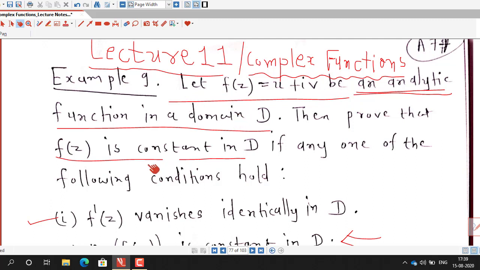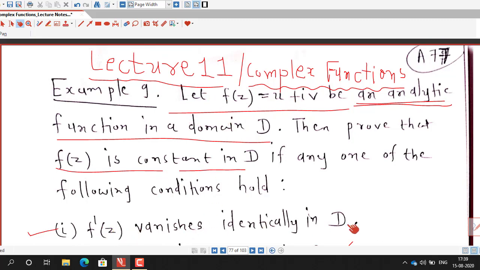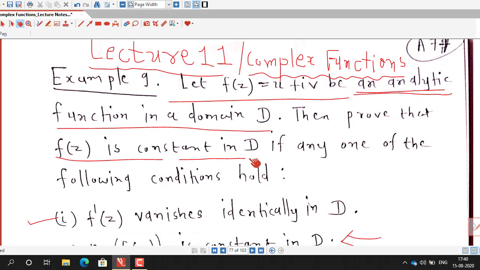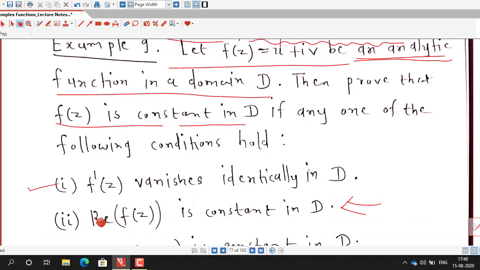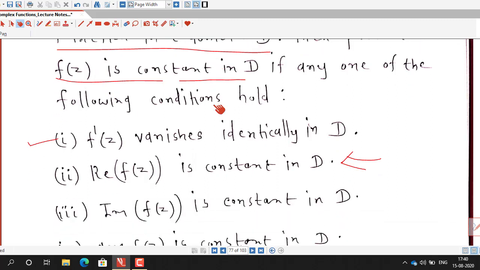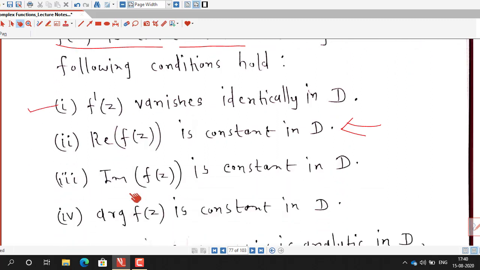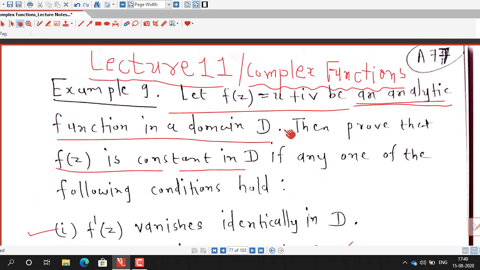So first we show that if function is analytic in a domain D and f dash z vanishes identically in a domain D, then f of z is constant in a domain D. Similarly, after that we will show that if f of z is constant in a domain D and real part of f of z is also constant in a domain D, then f of z is constant in a domain D. So we will take one by one conditions with this analytic condition, and in all the cases we will show that f of z becomes constant.